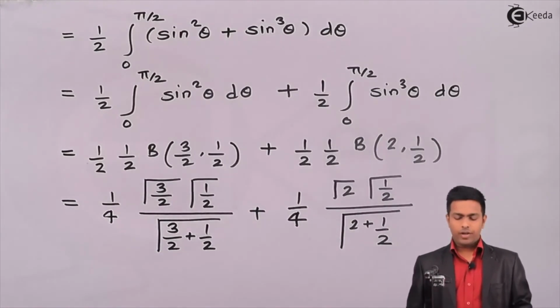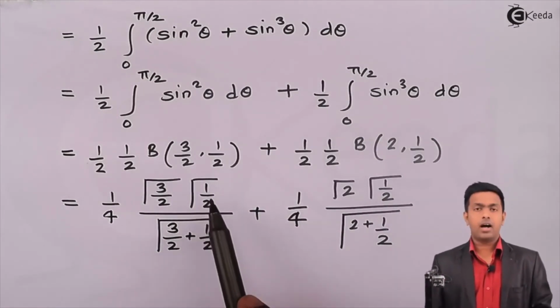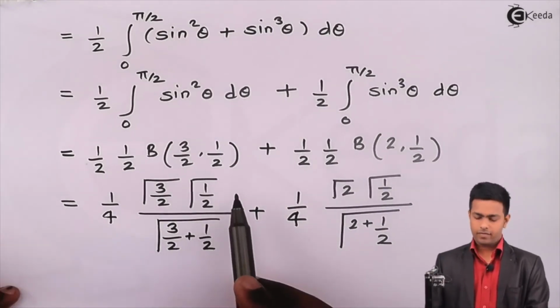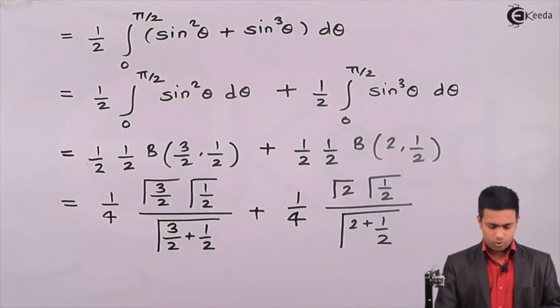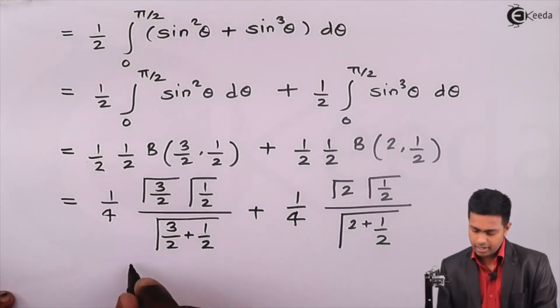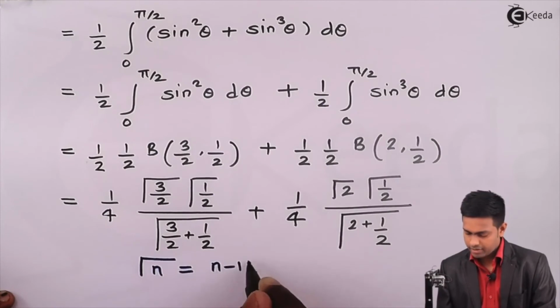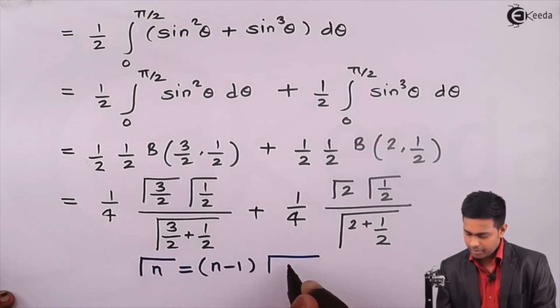Now guys, we know the value of gamma half, which is root pi. So we can substitute the value for gamma half, and for gamma 3 upon 2 I am going to apply one property, that is gamma n is equal to n minus 1 gamma n minus 1.